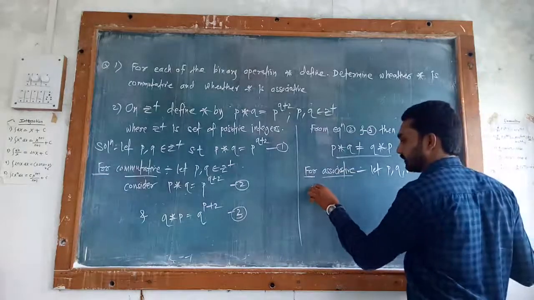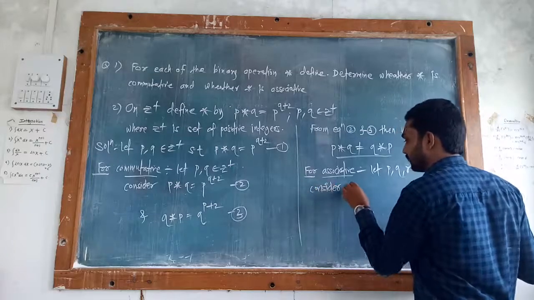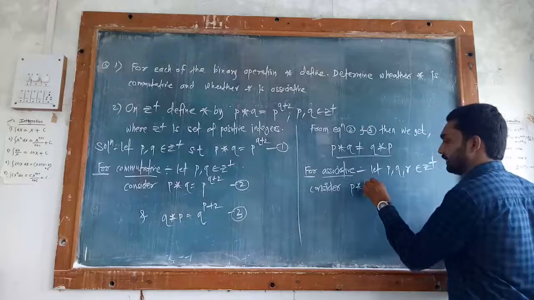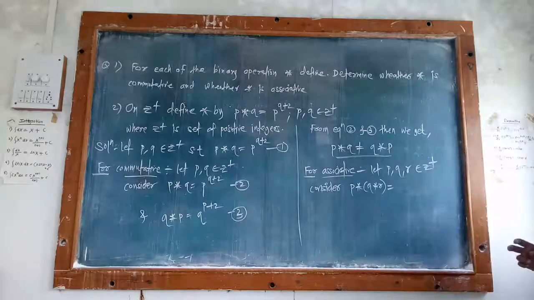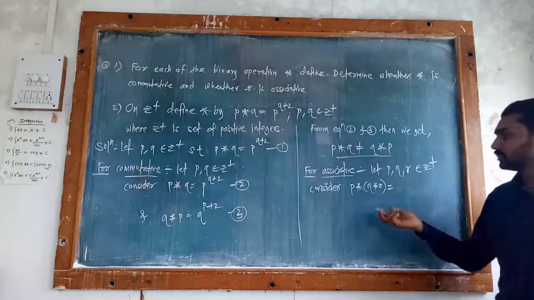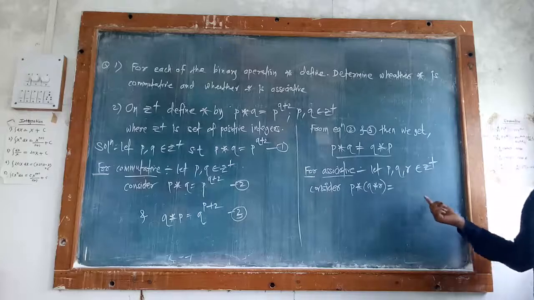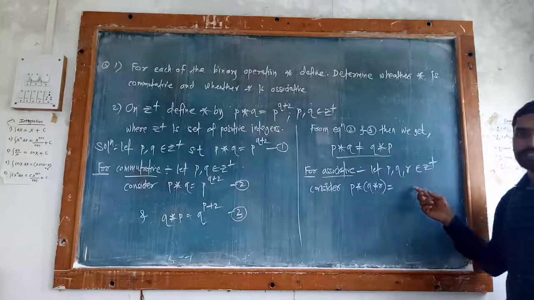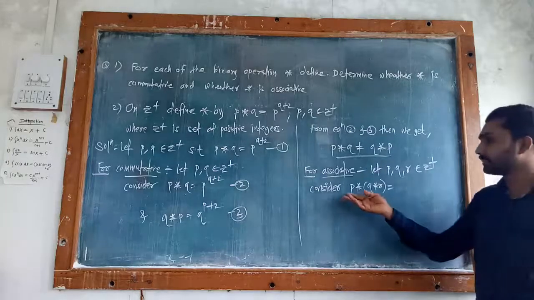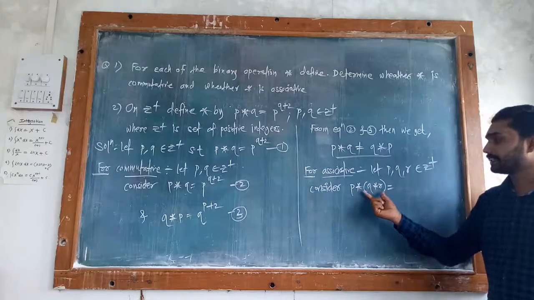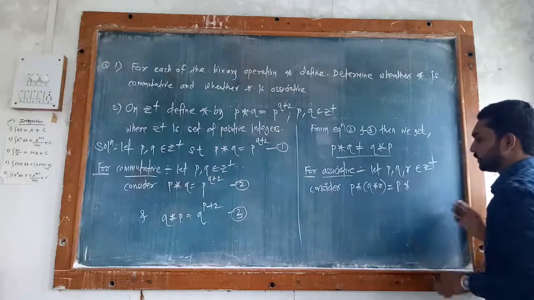We have to consider P star (Q star R) and check whether it is equal to (P star Q) star R. If they are equal, that satisfies the associative property. For this, we have to find P star (Q star R), keeping P and star as they are.